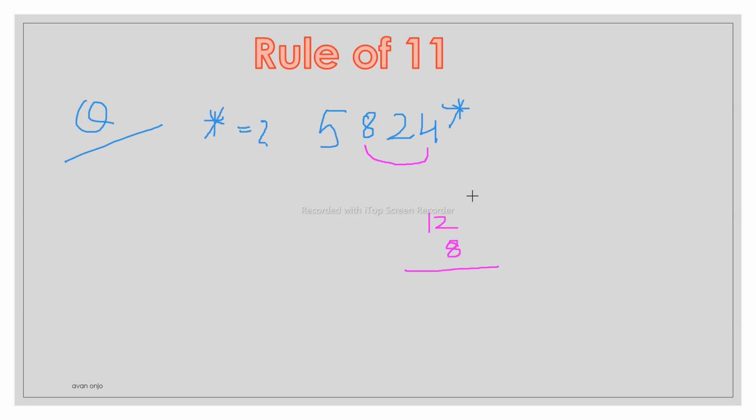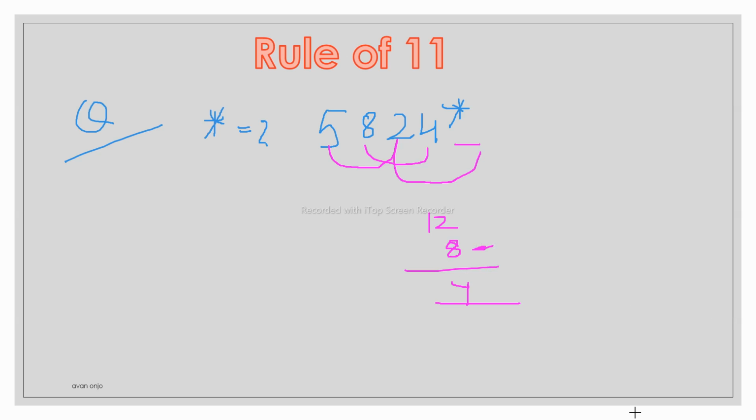If I subtract 8 from 12, I'm going to get 4. Now what I have to add into 4 so that I get a digit which makes it a multiple of 11.